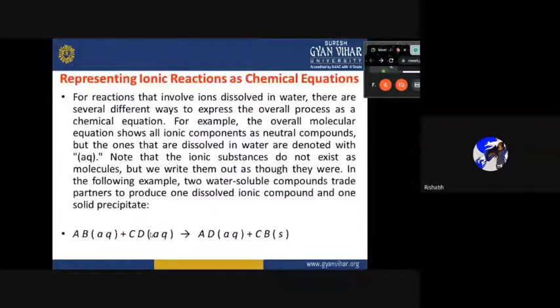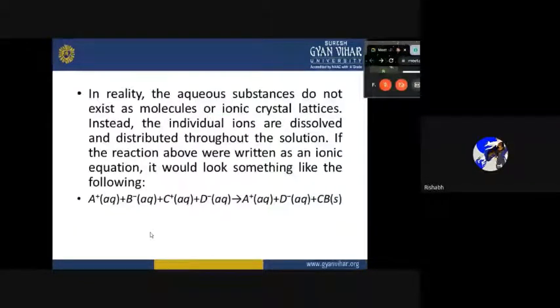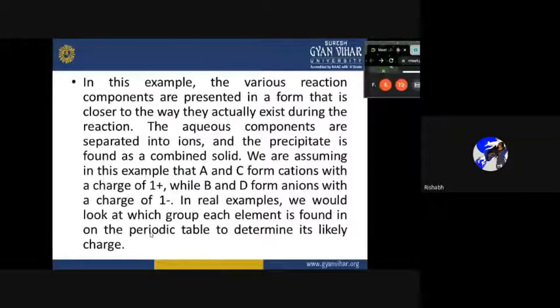Okay, in this example, the various reaction components are presented in a form that is closer to the way they actually exist during the reaction. The aqueous components are separated into ions, and the precipitate is found as a combined solid. We are assuming in this example that A and C form cations with a charge of plus 1, while B and D form anions with a charge of minus 1.